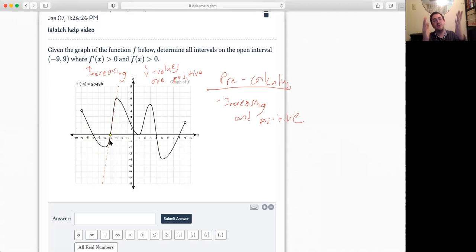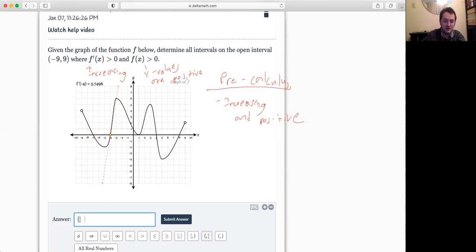We need both increasing and positive y values. We're going to use the curved bracket here because we are strictly greater than 0. So at -4, that's where we cross 0 in y value, and we're increasing all the way to -3.